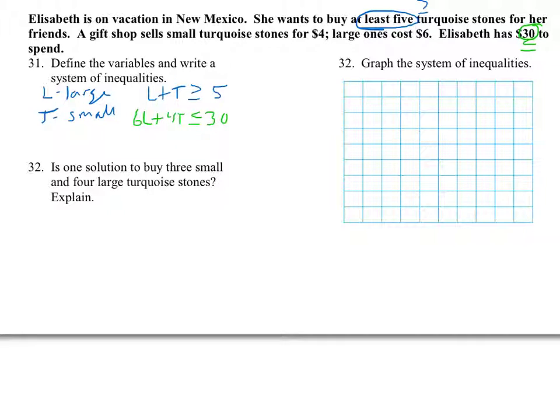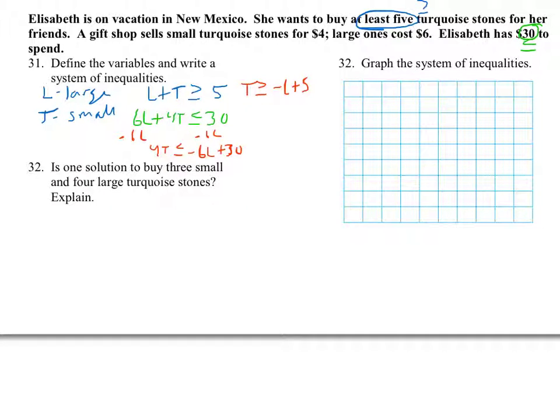Now here's where we want to graph it, so we're going to put it in slope-intercept form. So if I do that, I'm going to solve this. We'll solve them for t. So I will have t is greater than or equal to negative L plus 5. And this one will take a little bit more work. I'll subtract 6L. So I get 4t less than or equal to negative 6L plus 30.